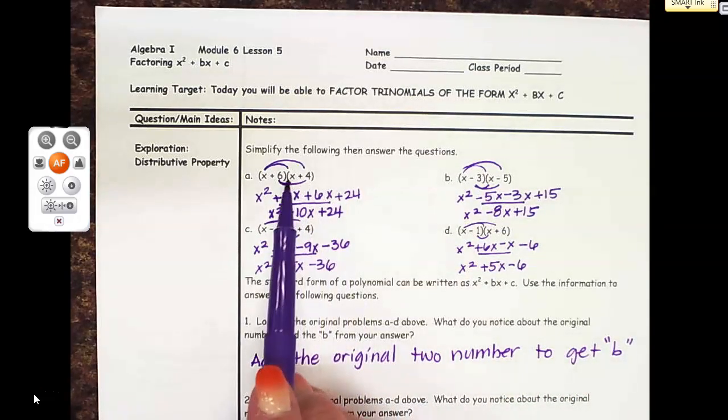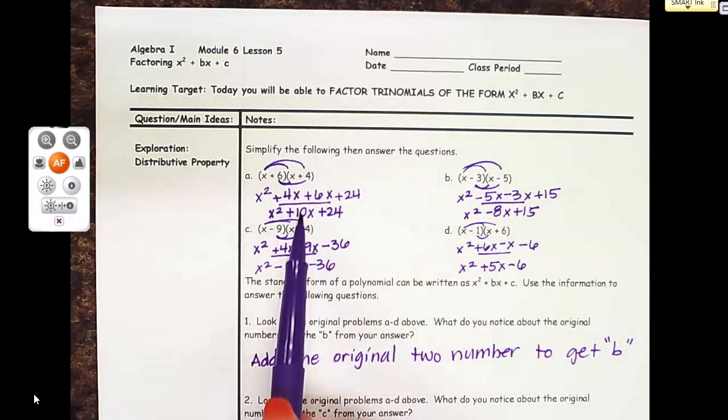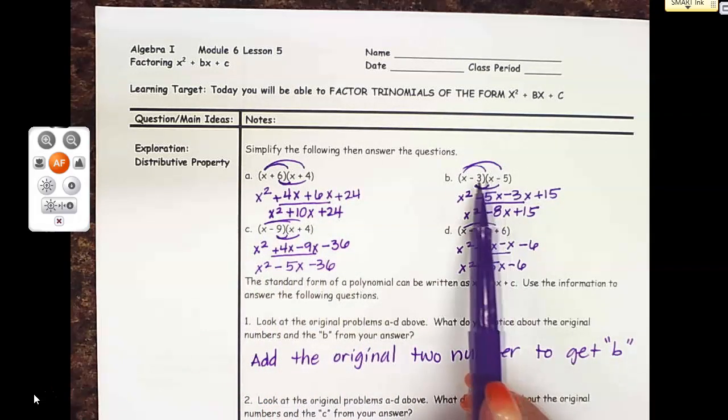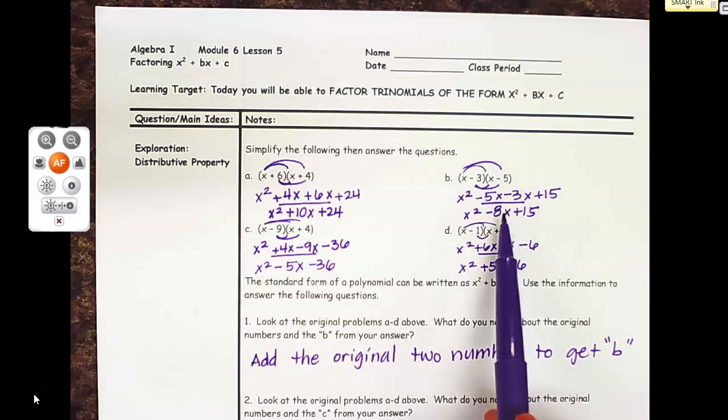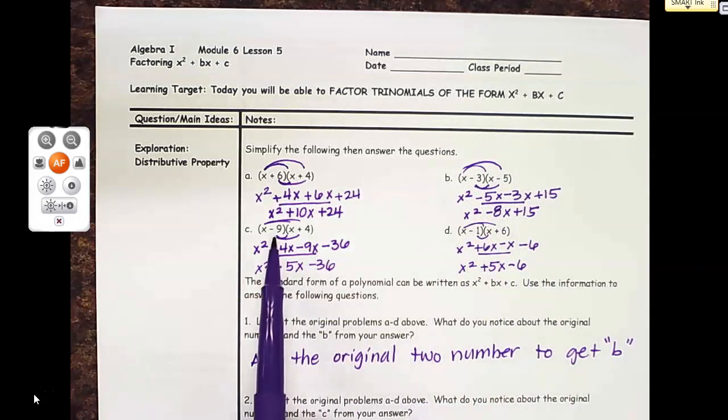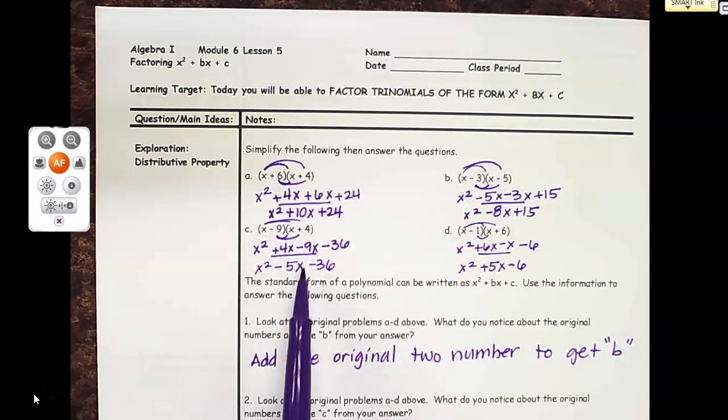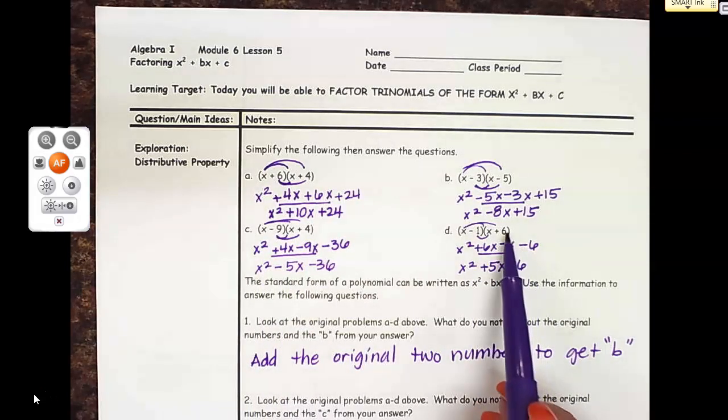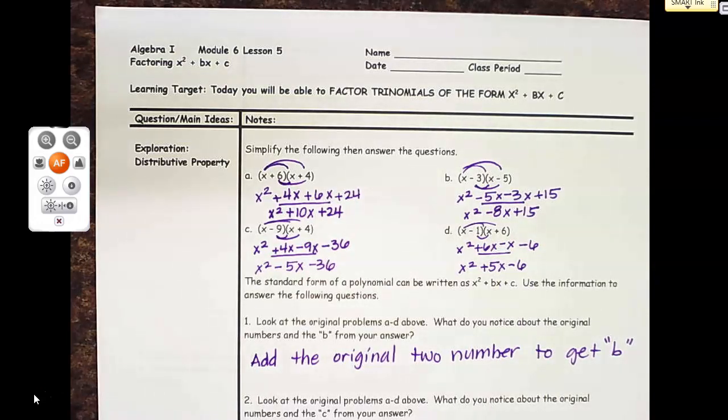So I had positive 6, positive 4, I ended up with positive 10 in the middle. Negative 3, negative 5, ended up with negative 8. Minus 9 plus 4 ended up with minus 5. Minus 1 plus 6 ended up with plus 5.